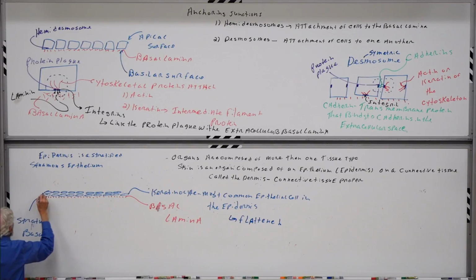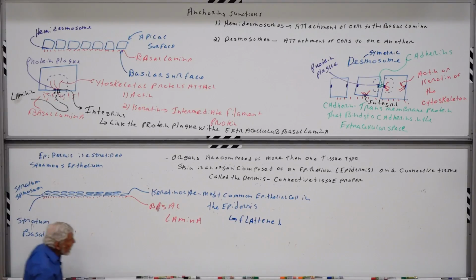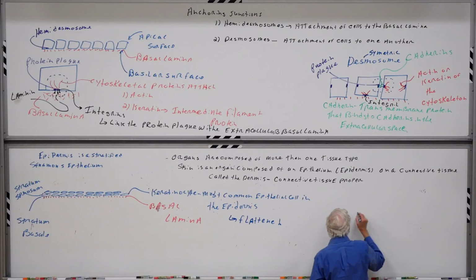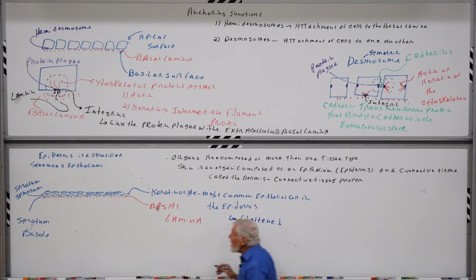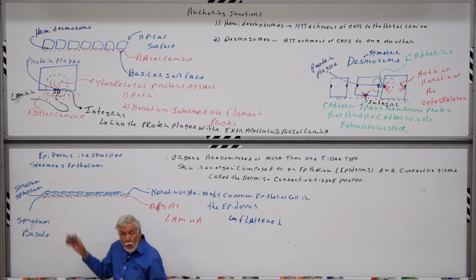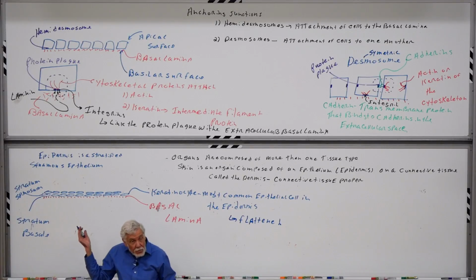This layer is known as the stratum spinosum. Spinosum is just a term meaning spiny. And the fact that that's the spiny layer is really an accident of history. Because when the 19th century histologists began looking at skin, what they would do is take a piece of skin and cut it.